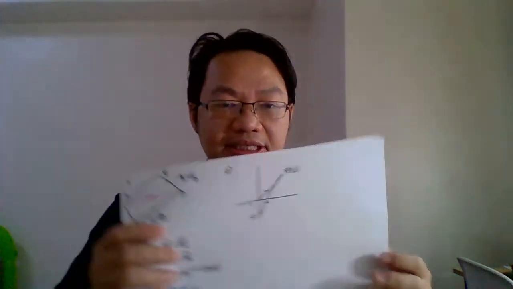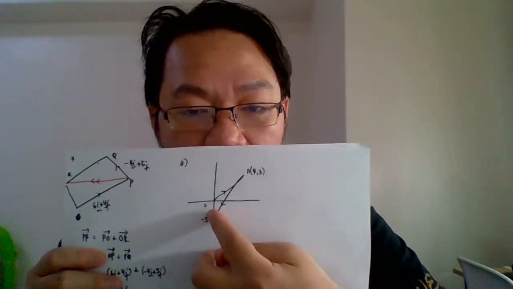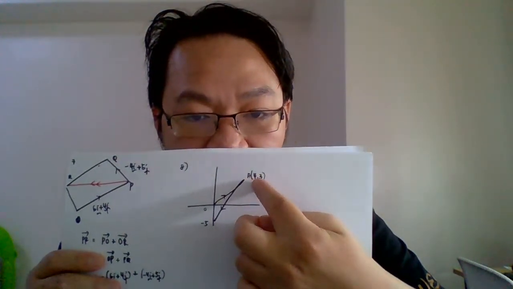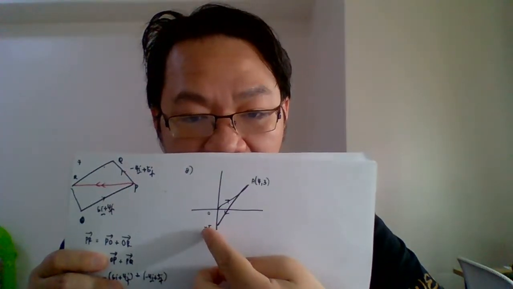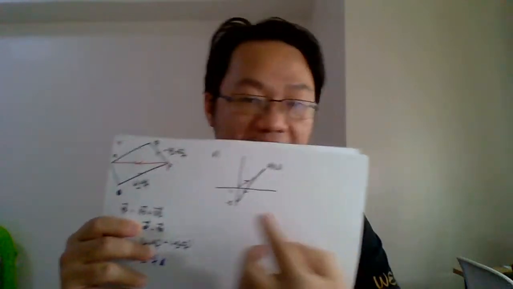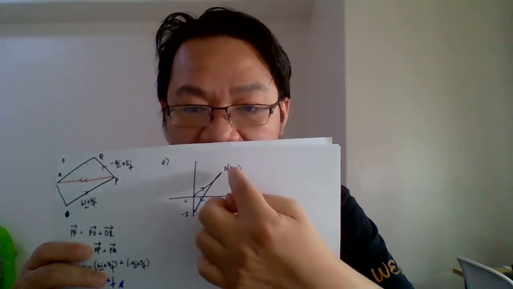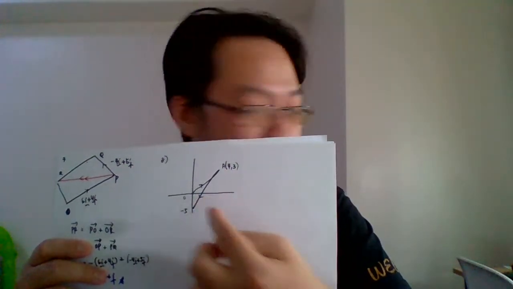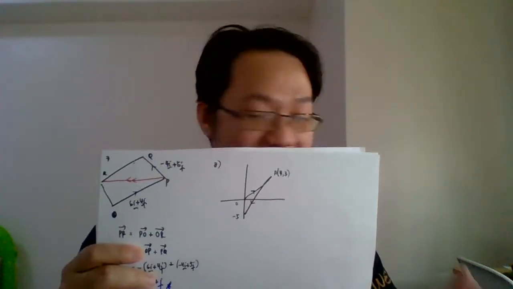Okay, O, A (4, 3), and below is negative 5. Okay, this is the diagram. We got origin O, we got the point A (4, 3), and we got negative 5 on your y-axis, your y-intercept. The arrow goes O to A, and then A to negative 5. That is how we read the diagram.